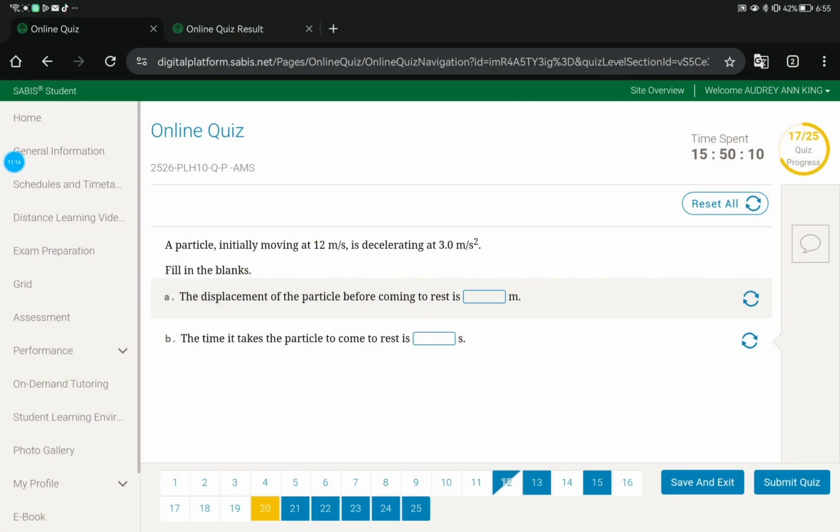A particle initially moving at 12 meters per second is decelerating at 3 meters per second squared. The displacement of the particle before coming to rest is... Okay, so we need to use the equation which does not have time, which is Vf squared equals Vi squared plus 2a delta x.